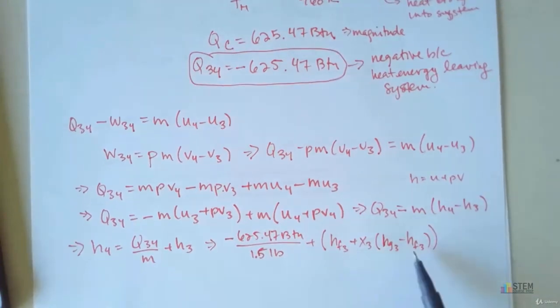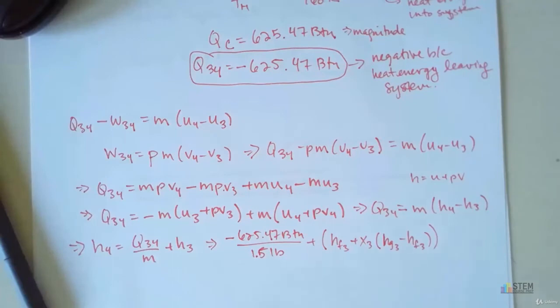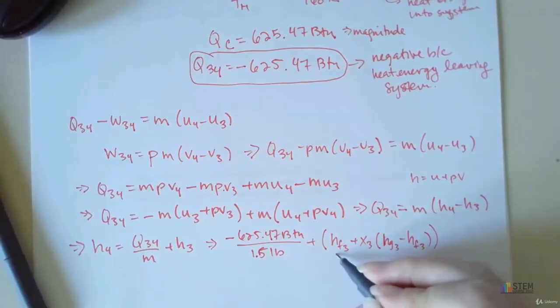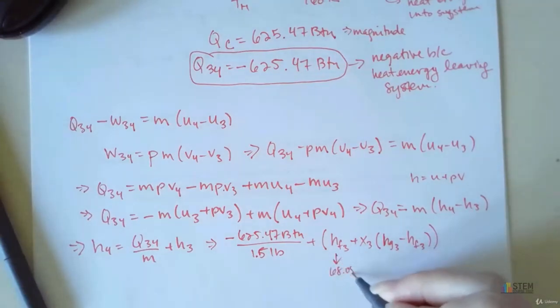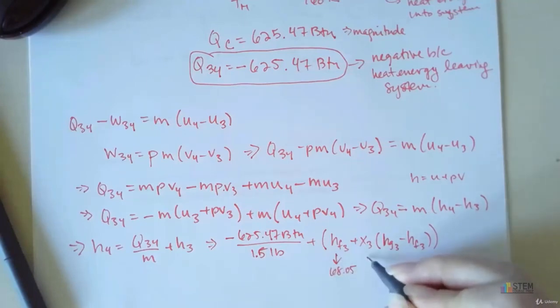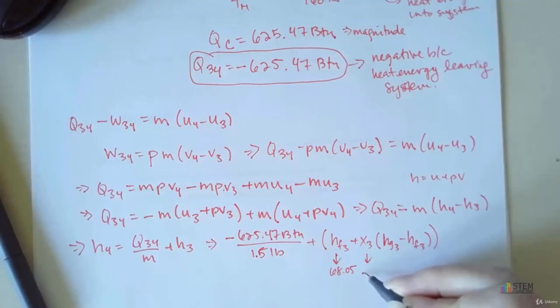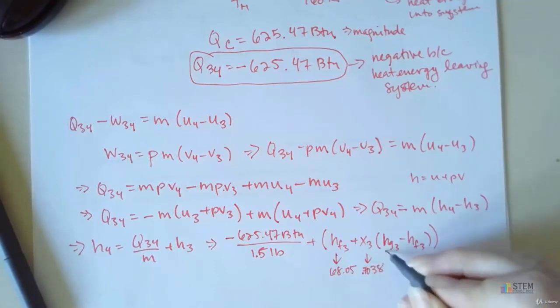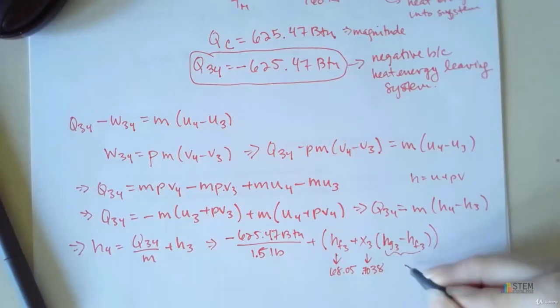Now if we look these values up in the table, this one is 68.05. Remember we're just at a temperature of 100 degrees Fahrenheit, so you just look that up. X in decimal form is 0.7038, and then this number here is in the table.